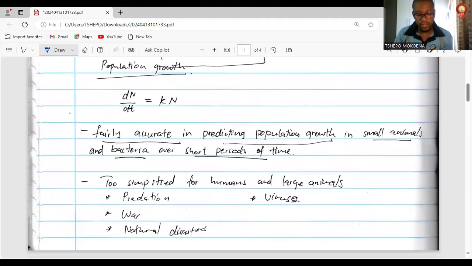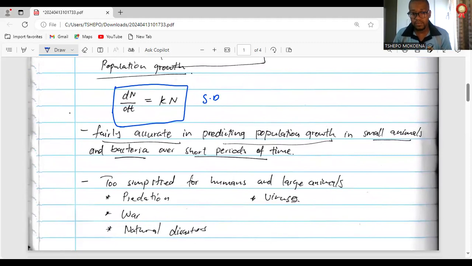Now, referring to population growth, like I said, this is a standard form. Always know that for population growth, we use this standard form: dn over dt is equal to k multiplied by n. So like I said, it's highly accurate in predicting population growth in small animals and bacteria over short periods of time, which is what I have just explained right at the beginning.